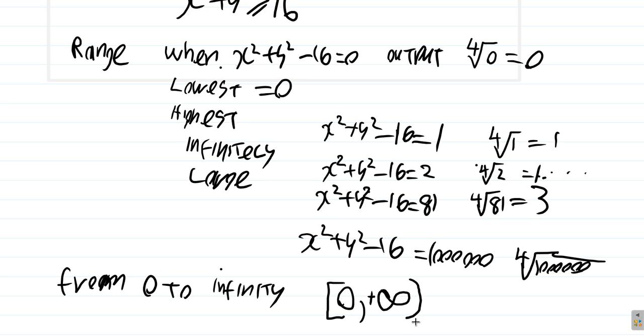You remember the square bracket means it's included, and the round bracket means that is not included. You have to have a round bracket around infinity because infinity is not a specific number. So it goes on and on. So that's one way of putting the answer. It goes from 0 to an infinitely large value. So it's from 0 to infinity here.